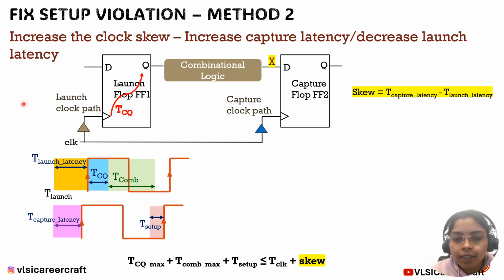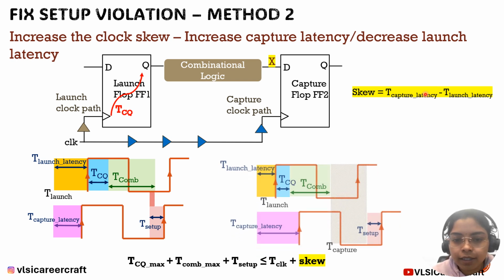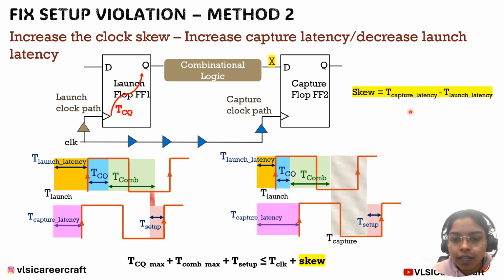Let's say there is a setup violation in this case. That is, data is expected at this point, but it is arriving at this point somewhat delayed. So there is a setup violation. So let's add some additional buffers in the capture clock path to increase the capture latency. The waveform will be like this after increasing the capture latency.